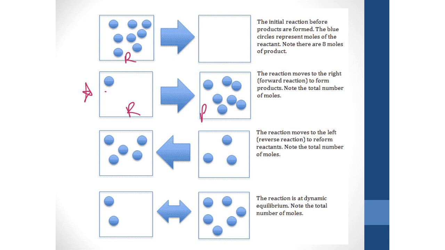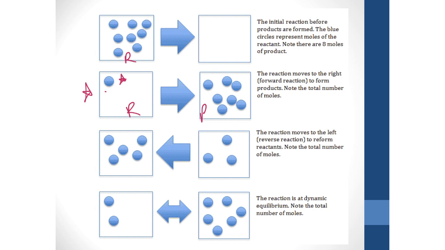This is telling us that we're on our way to achieving equilibrium. If there were no reactant particles left at all, then that is a one-way normal chemical reaction that you have been studying, and the reaction is done. There's no reactants left, or the limiting reactant is all used up, and the reaction is over.